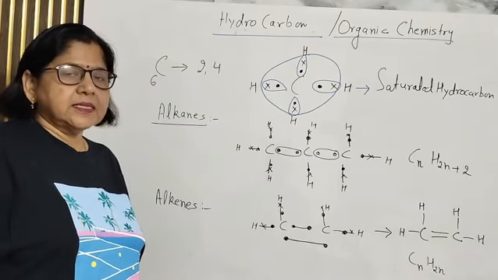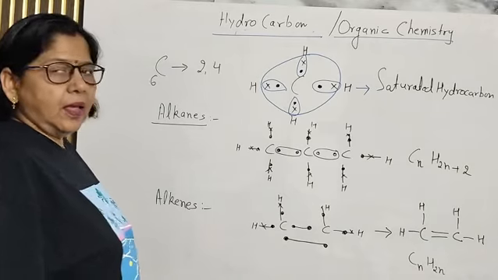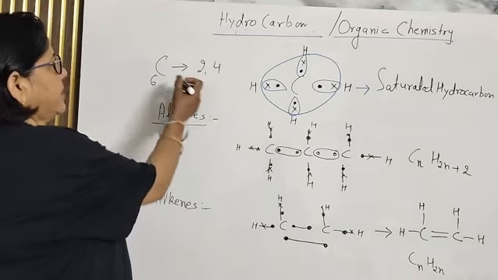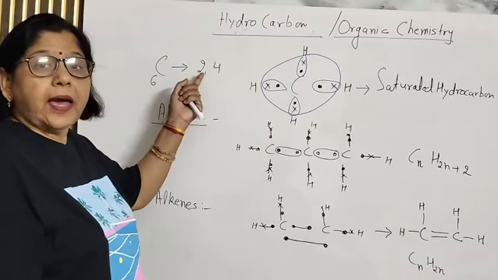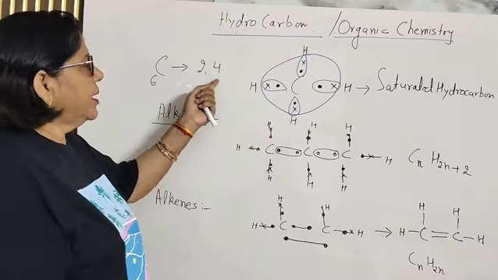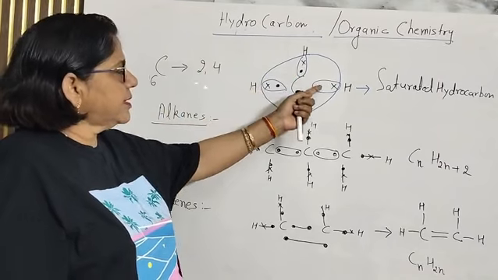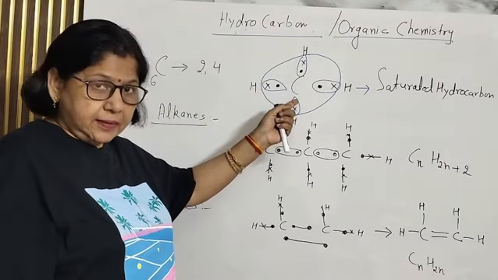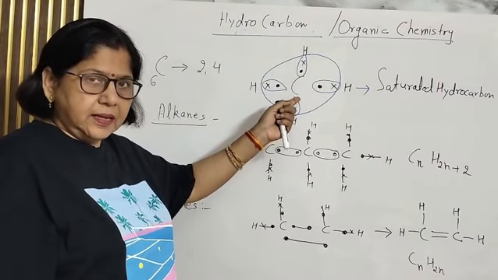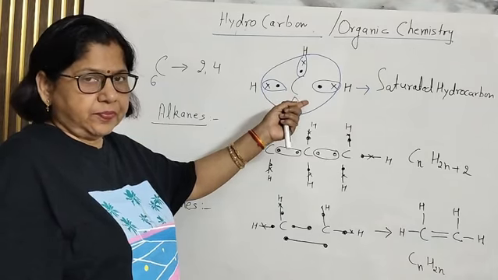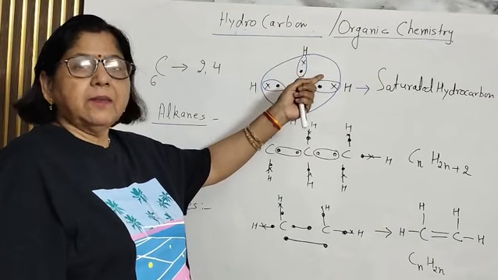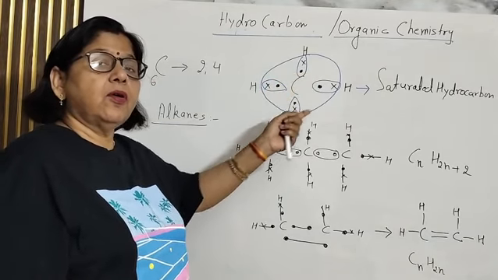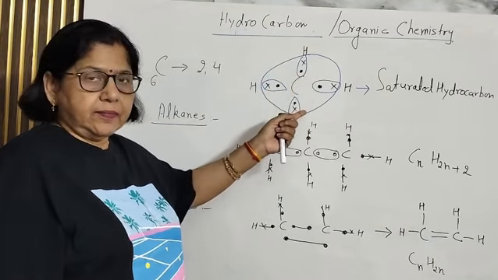So now just see here children, as we know that carbon has atomic number 6. So the configuration will be 2 and 4, right? Means there are 4 electrons in the outermost shell of the carbon atom. Now suppose 4 hydrogen atoms combine with the 4 electrons of carbon atom.